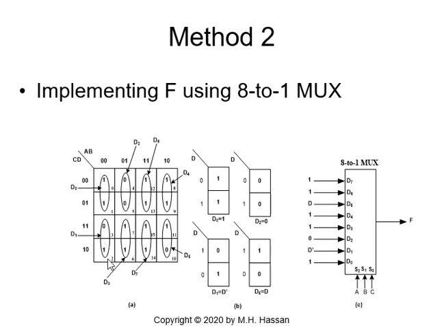There's no cancellation. So when I have 0, 1, D1 will be equal to D prime. Why D prime? Because the D is 0 here, and 1 there.